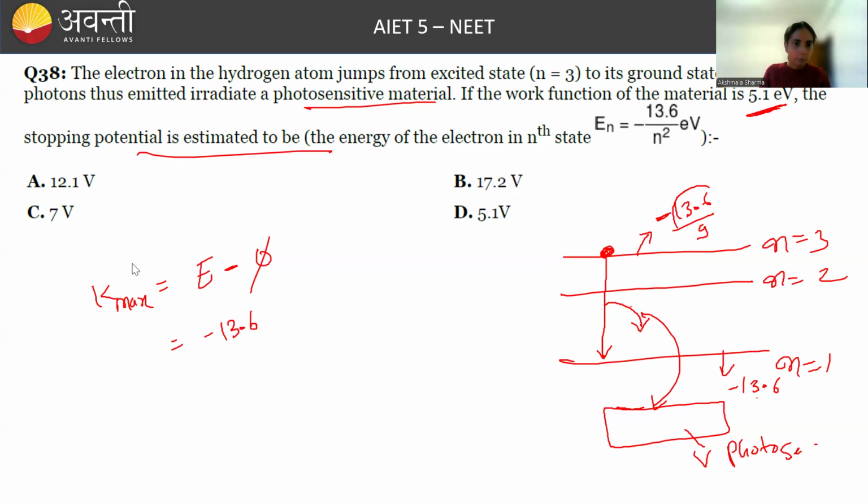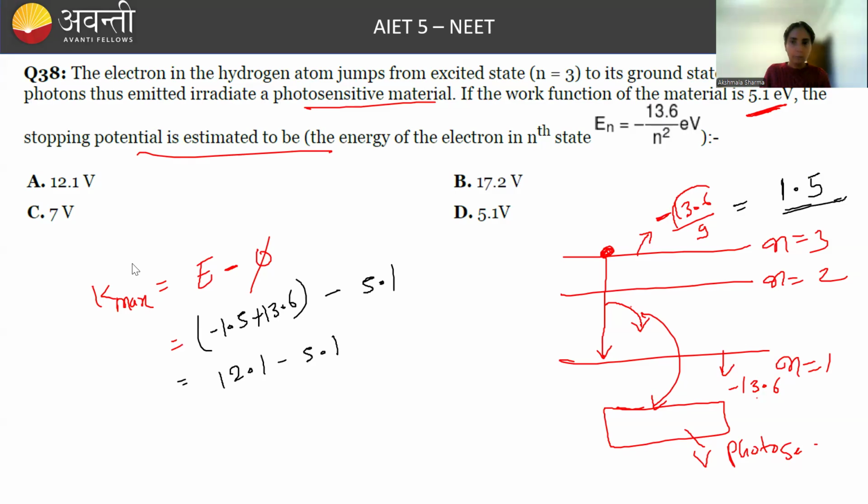You subtract the higher from the lower, right? I am really sorry. If you do that, -13.6/9 will be equal to about 1.5, right? Done? About 1.5. So -1.5 plus 13.6 minus 5, that is 5.1. If you solve this, it will become 12.1 something minus 5.1.